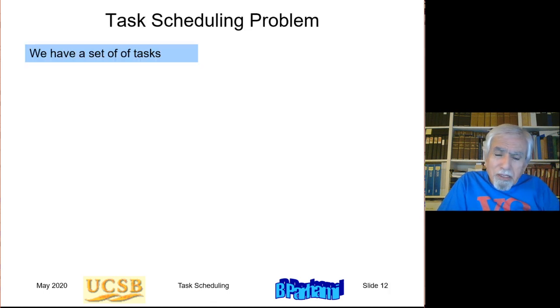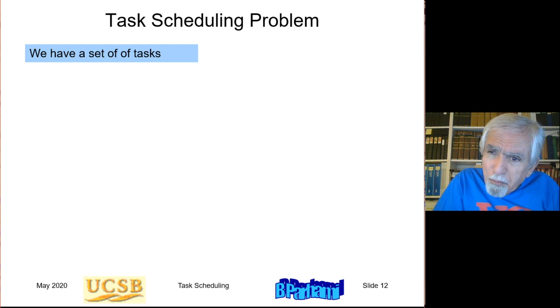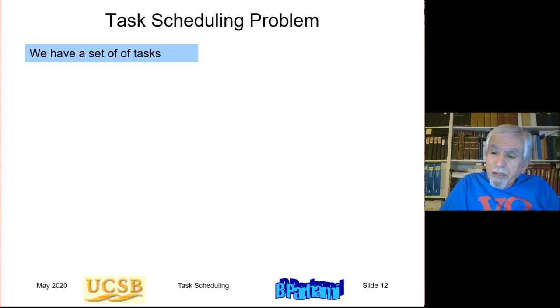Okay, so Sudoku puzzles basically consist of putting numbers into squares or cells while honoring some constraints. Now, task scheduling problems are similar because we have a set of tasks.